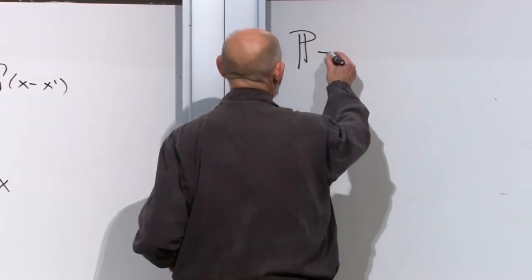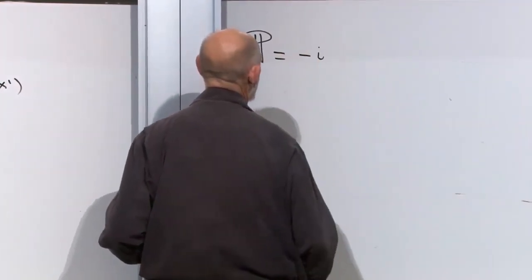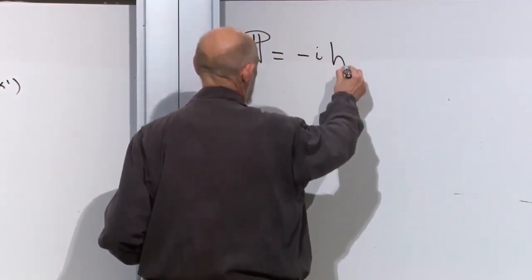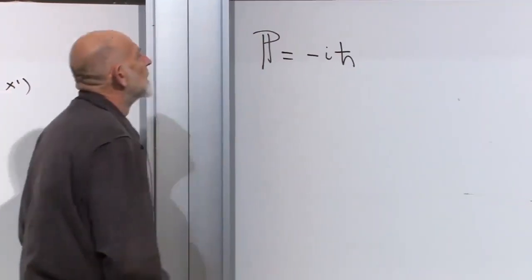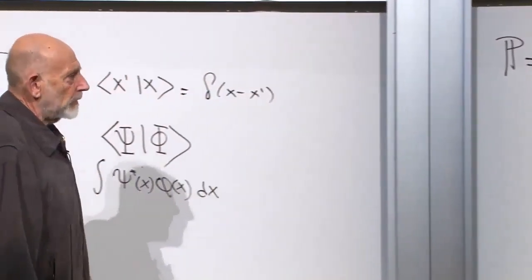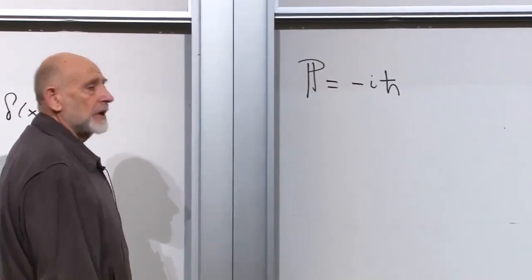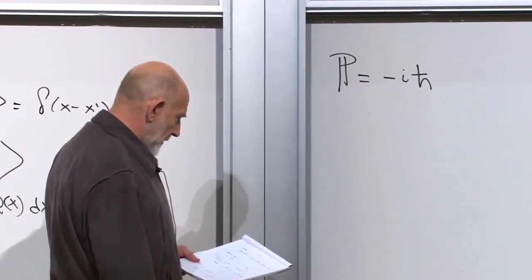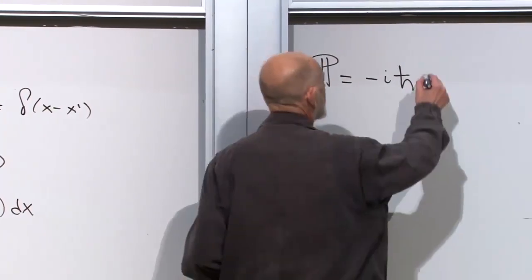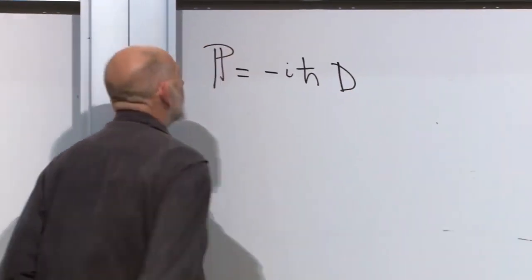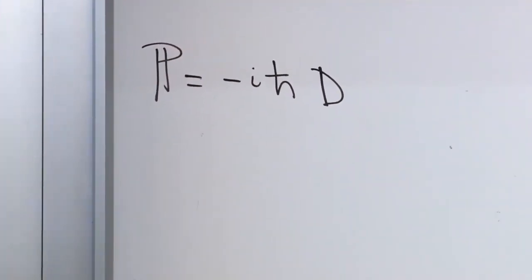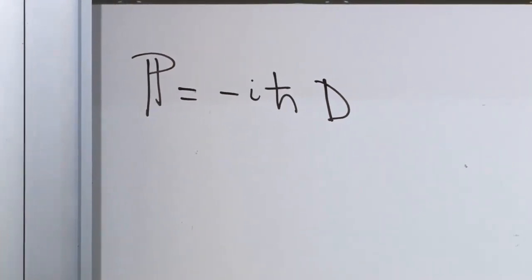It is equal to minus i, and I'm going to put in some units here. Later on, we will set h bar equal to 1. It's just a choice of units, but for the moment, let's keep h bar there, times the derivative operator, D. The thing I called D last time.